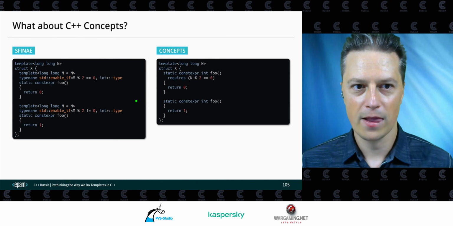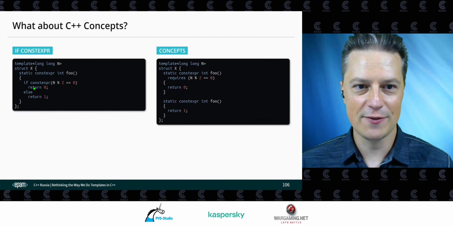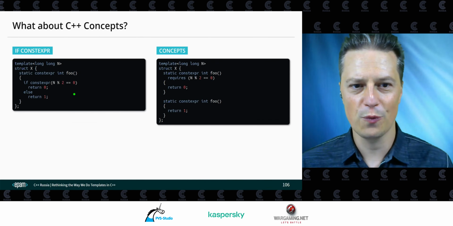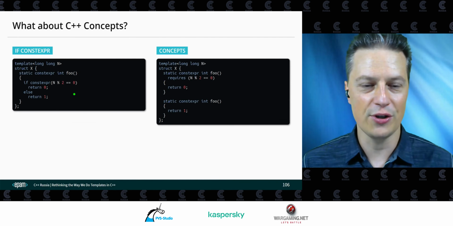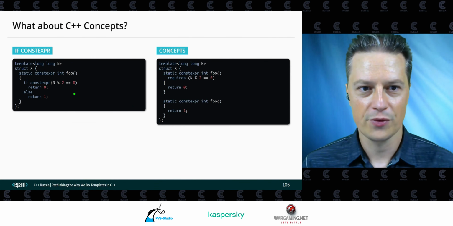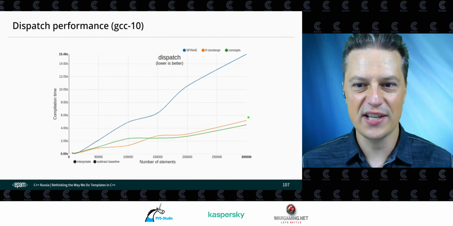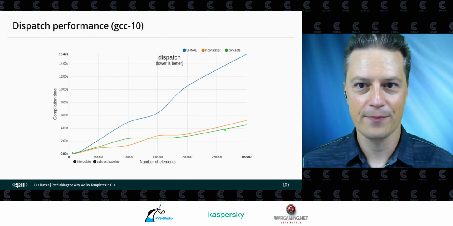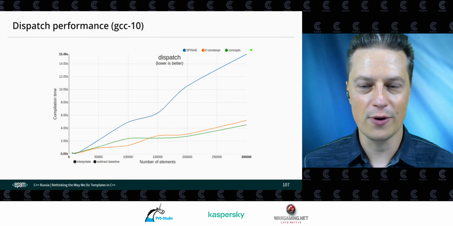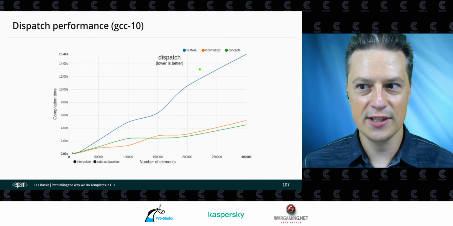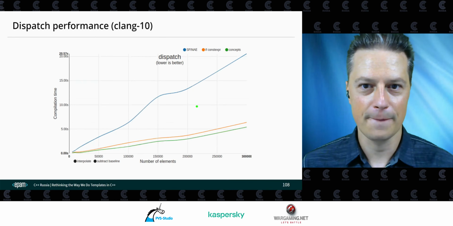Also, I added if constexpr from C++17 to just verify how it compares to the other solutions. The results I get is that basically concepts and if constexpr are exactly the same. And SFINAE is much slower for GCC and for Clang.